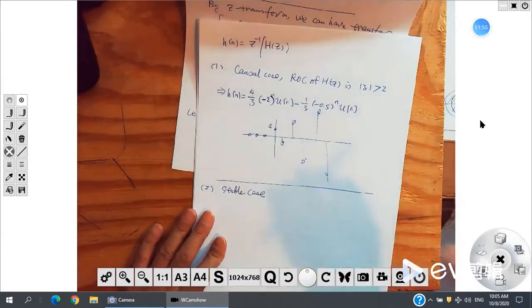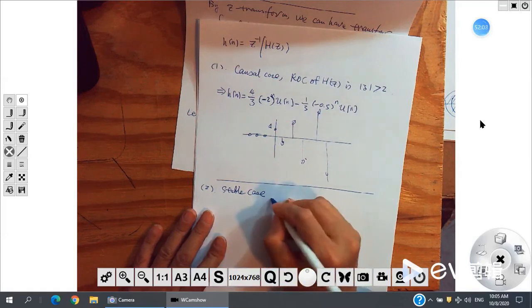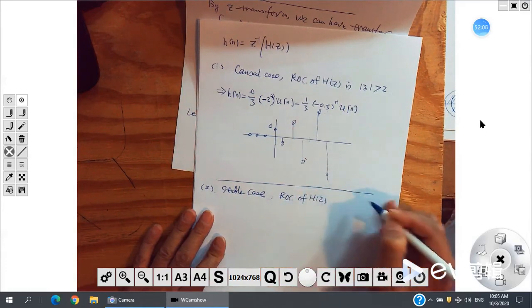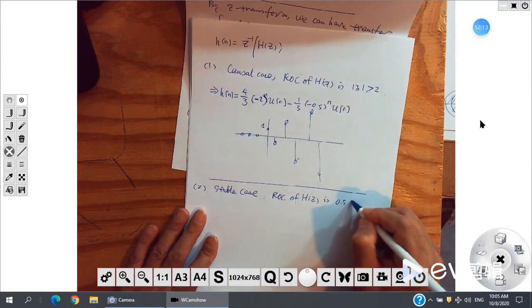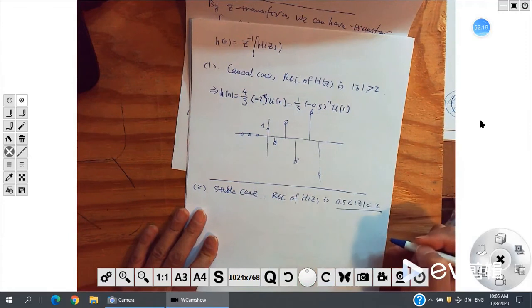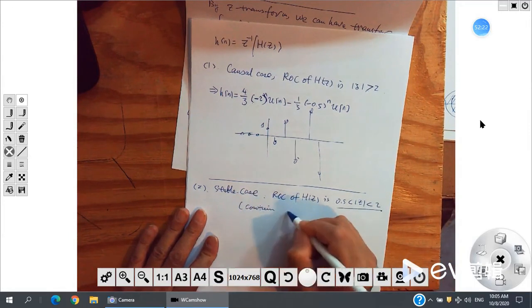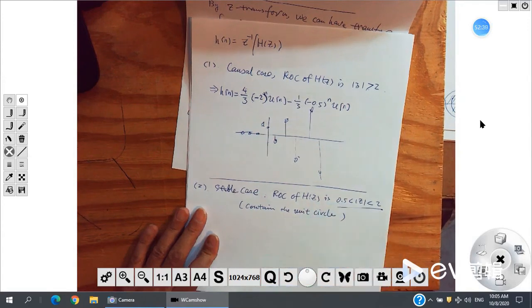It goes to infinity, totally overflowing. For the stable case, we want the RC of H of z to contain the unit circle, so that will be from 0.5 to 2, like this, containing the unit circle.